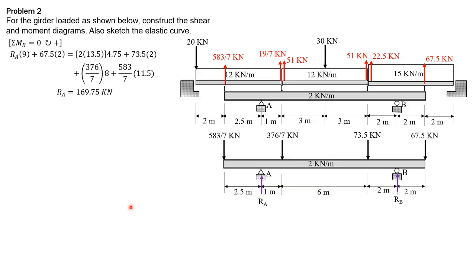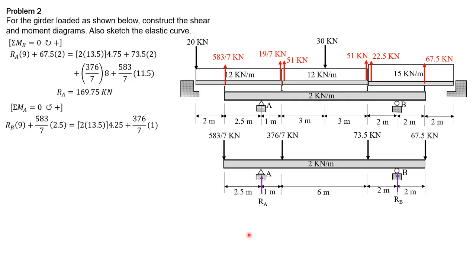Likewise, summation moment about A equals 0, counterclockwise positive. So R sub B times 9 plus 583 over 7 times 2.5 equals 2 times 13.5 times 4.25. 4.25 is 6.75 minus 2.5.